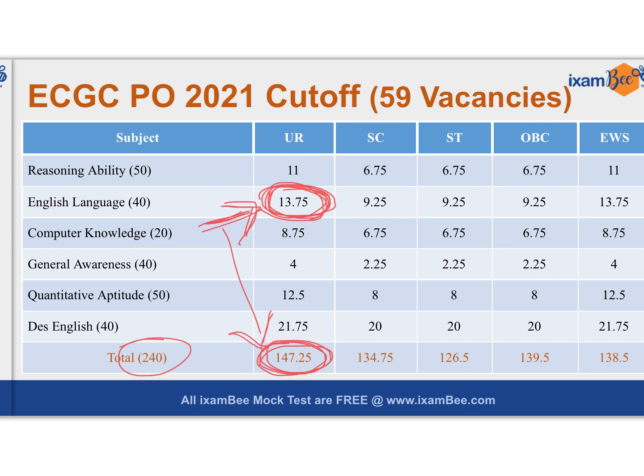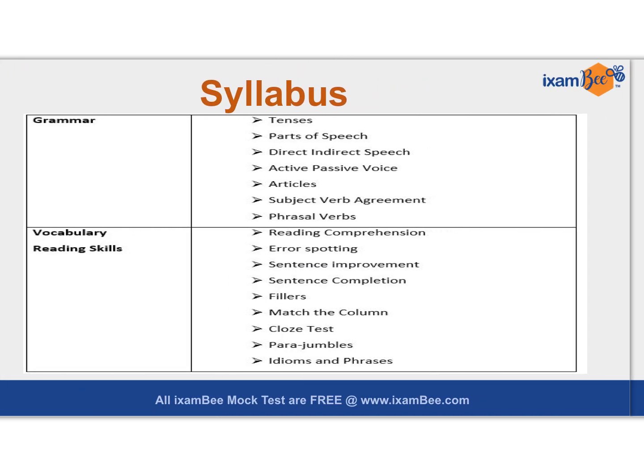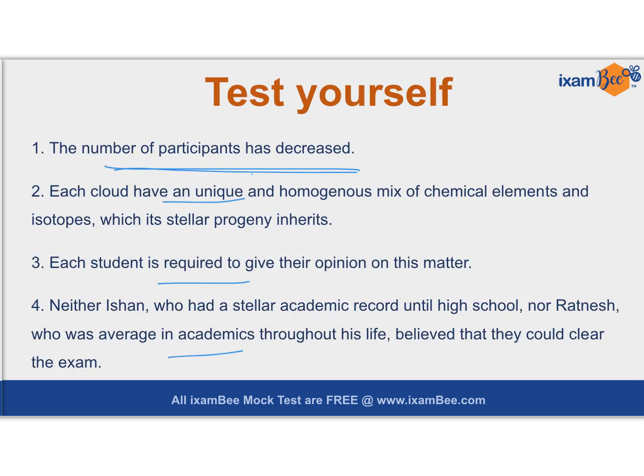Okay, next is syllabus. So before syllabus, let us see those questions. So here, if we see the first sentence, the number of participants has decreased. So if we see the actual subject, here the actual subject is not the participants, but the number.